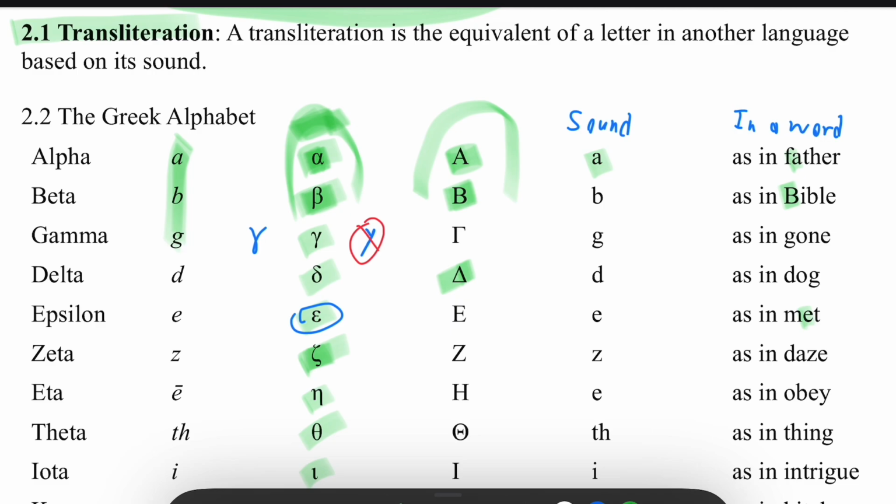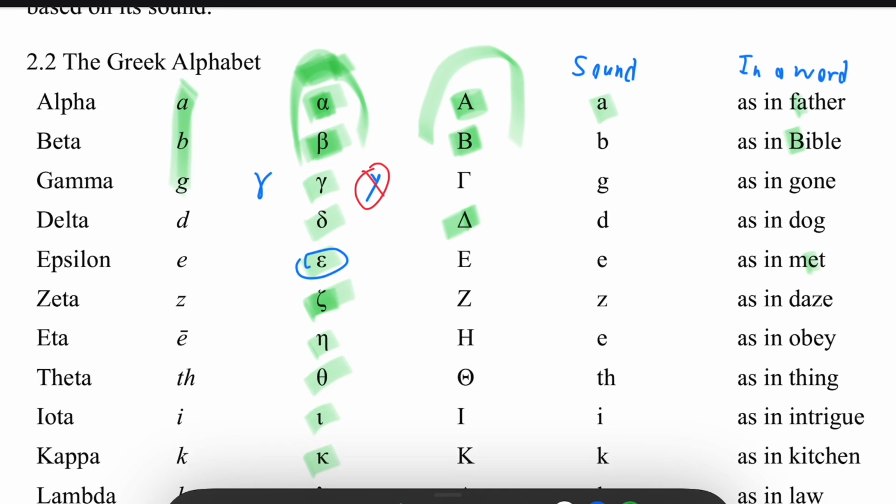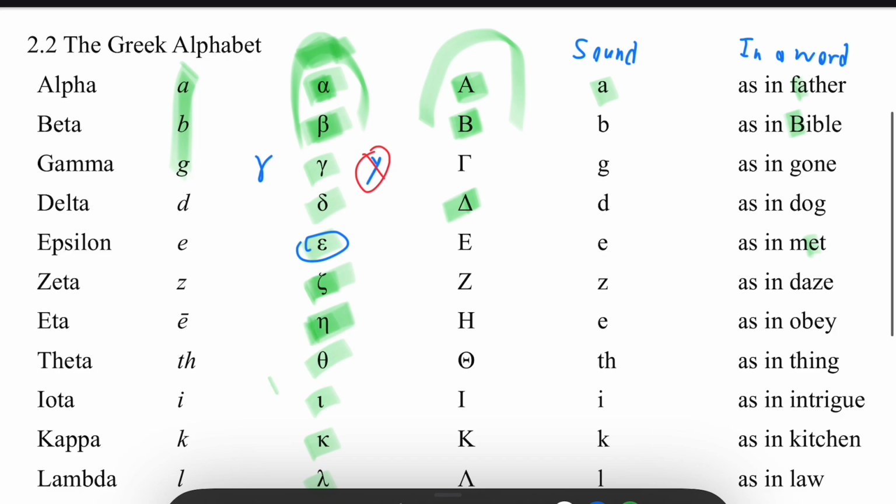Zeta. So there's a little bit more of a pop there than just a simple z. It's more of a zeta. Eta here is going to look like the capital H, and it's going to be kind of the E sound in obey, eta.